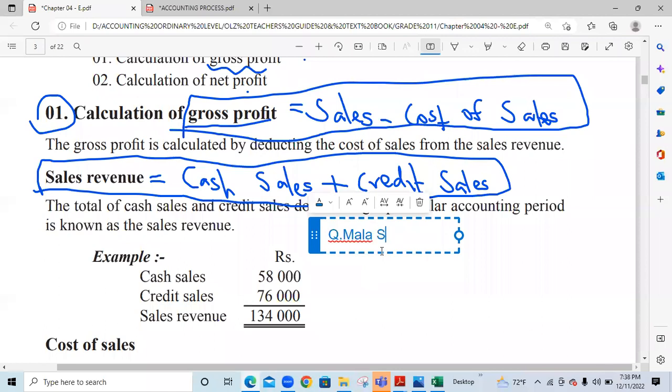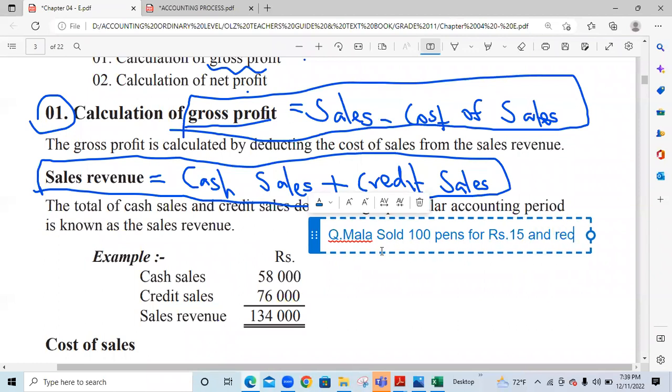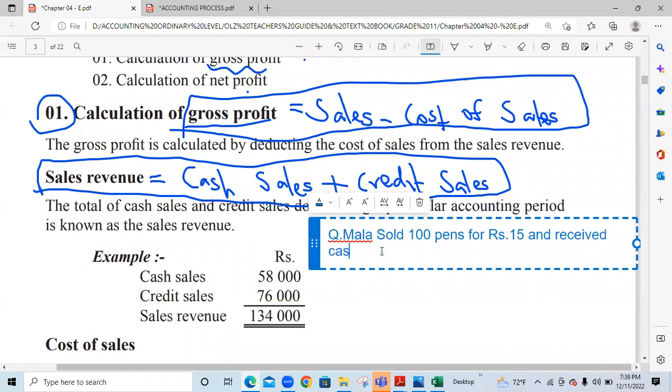Mala sold 100 pens for rupees 15 and received cash only for 80 pens.